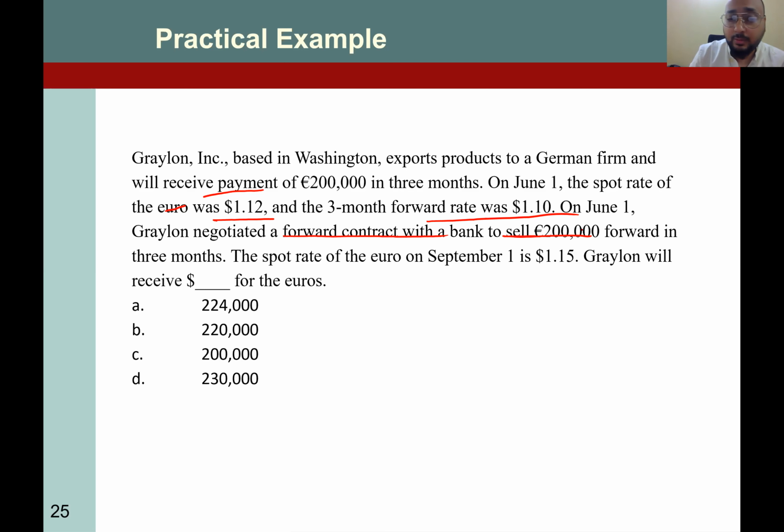So they enter into a contract. Let's make a contract timeline. This is 0 days and this is 30 days. So they enter into a contract. The contract forward rate is 1.10, that is dollar over euro.